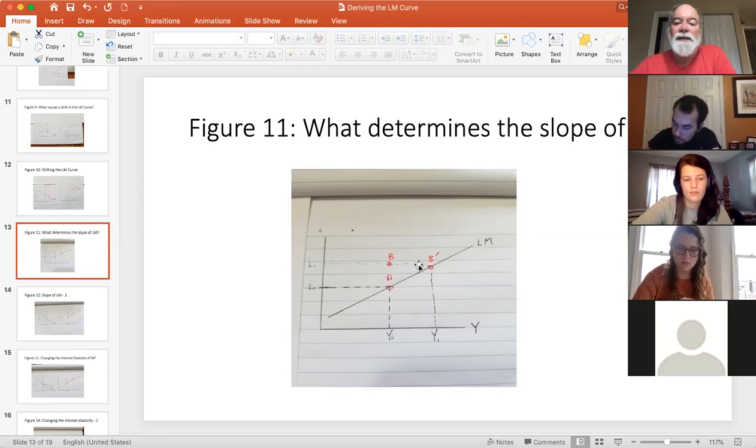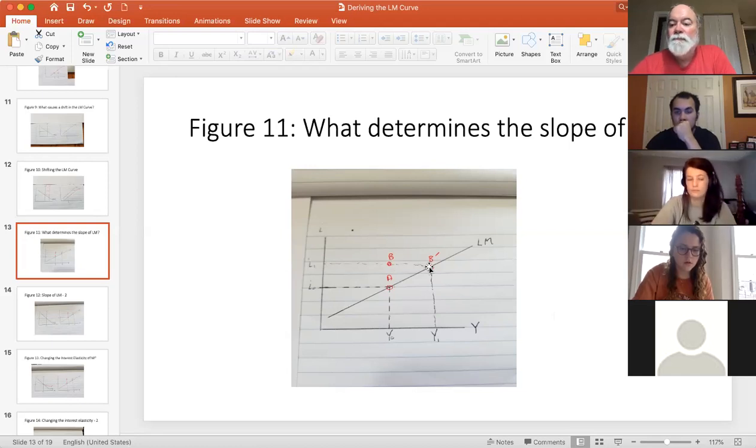As GDP rises, what happens to money demand? Goes down. So higher income means lower money demand? No, it goes up. Correct.